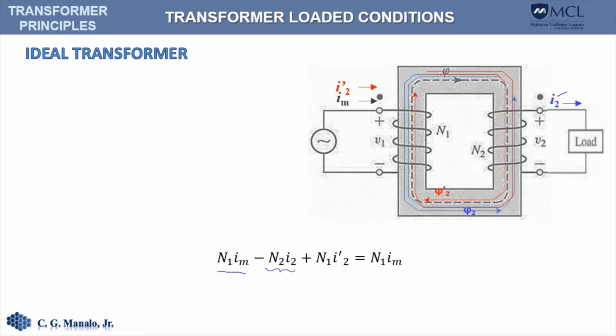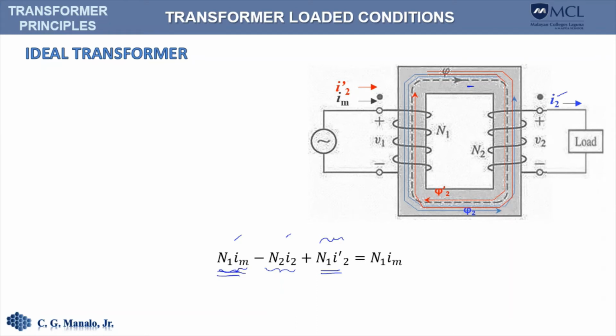Therefore, it forms a demagnetizing MMF that is opposite to this MMF. That is, the fluxes produced by these two MMFs are opposing each other. But since the flux is a constant, the primary winding of the transformer would draw additional current that adds to this original MMF and maintains the equilibrium of the flux inside the core.